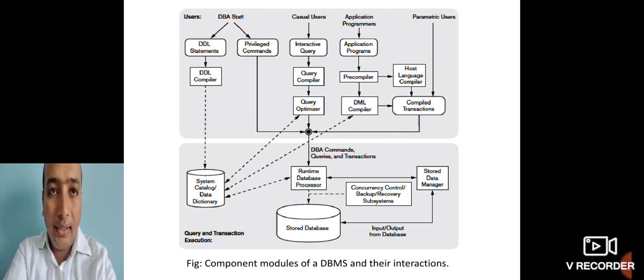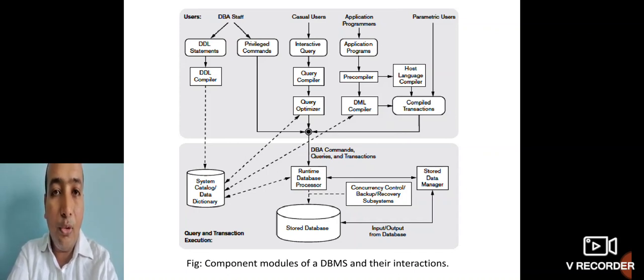We have already learned that the DBA staff works with DDL statements as well as privileged commands. For executing all the DDL statements, we use what? Yes, DDL compilers, which refer to your system catalog or data dictionaries. The casual users have interactive query execution by using the query compiler, and for smooth execution they use query optimizers.